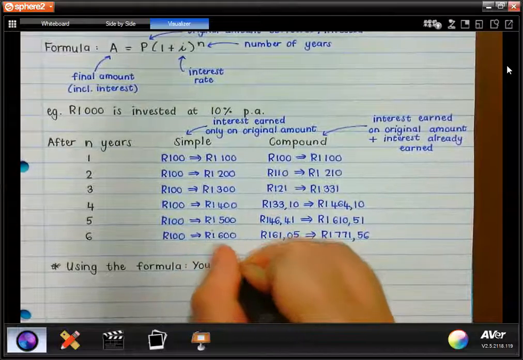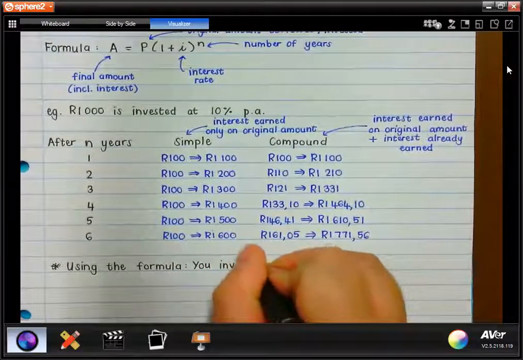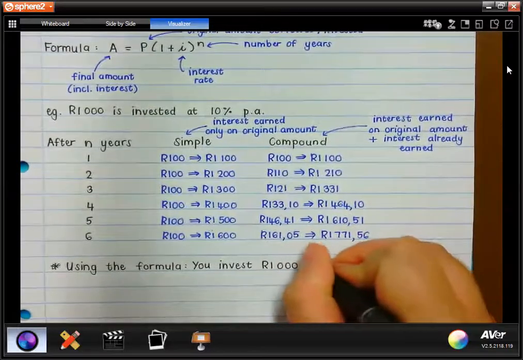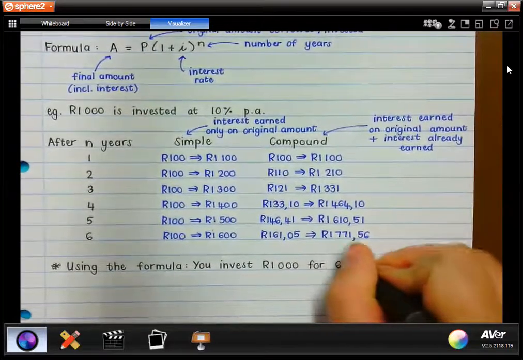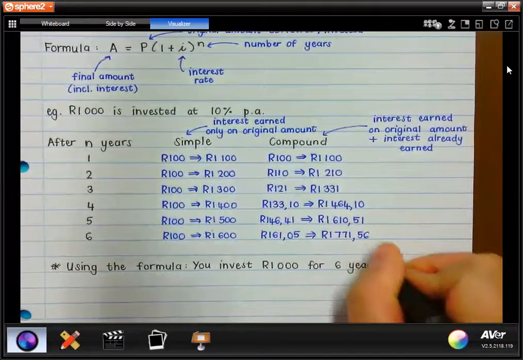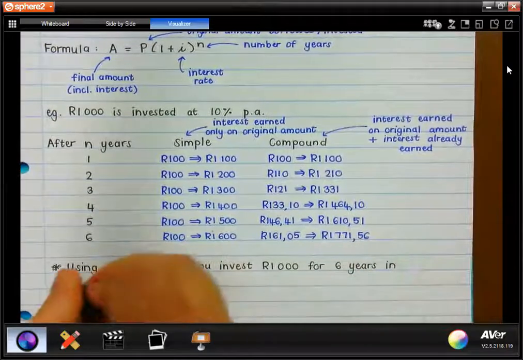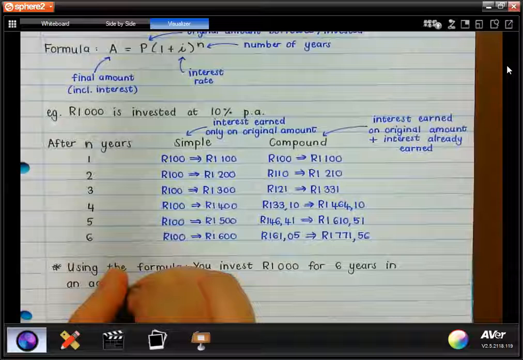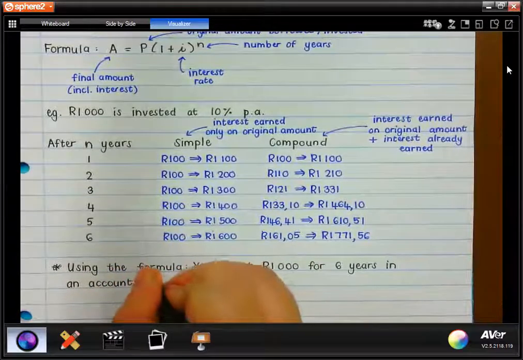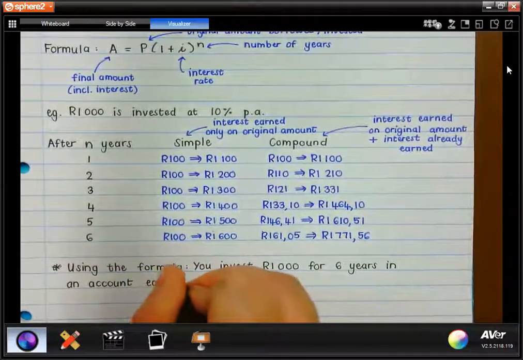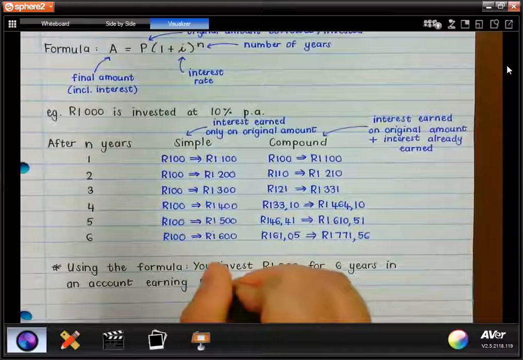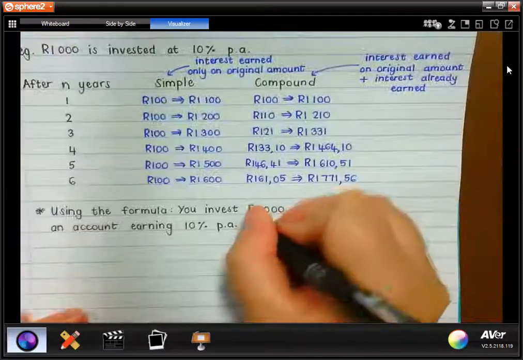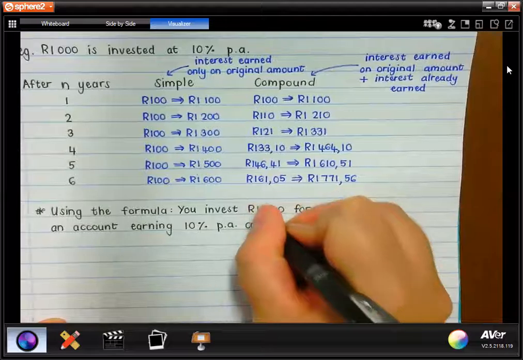You invest 1,000 Rand for 6 years in an account earning 10% per annum compound interest.